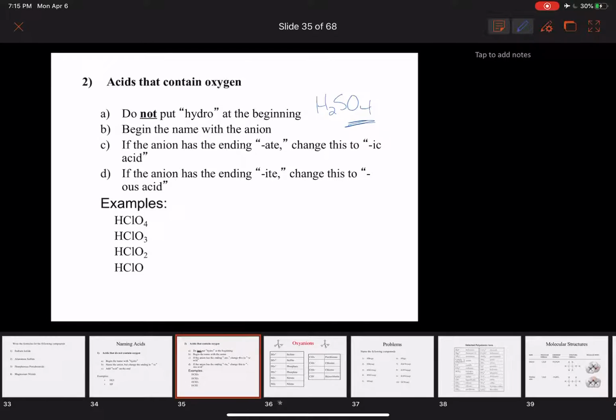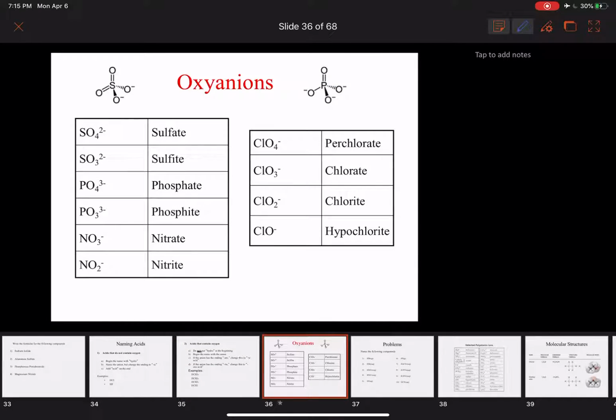So we come to B, and it says begin the name with the anion. The anion in H2SO4 is the polyatomic ion sulfate, SO4, and that's -2 if we remember our polyatomic ions. That's sulfate, and that one is right here.